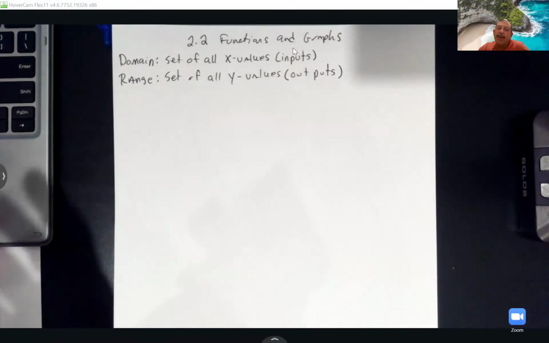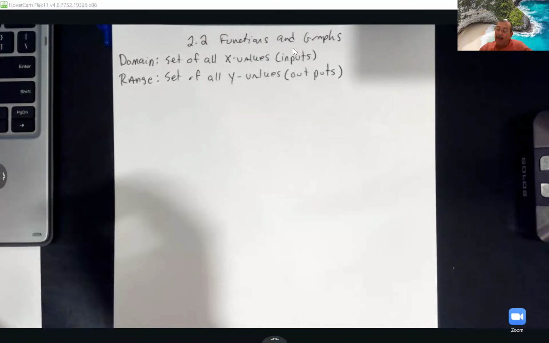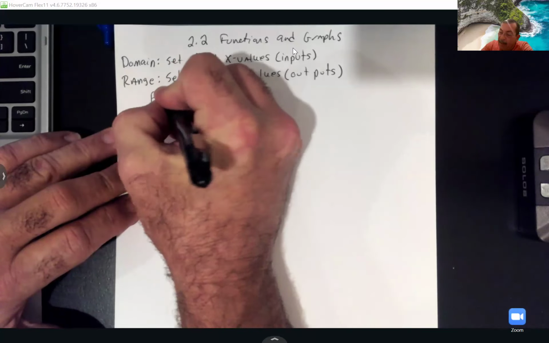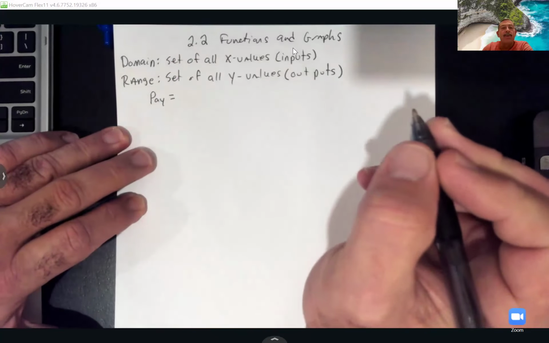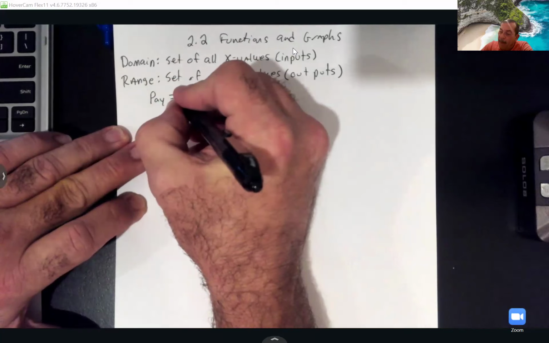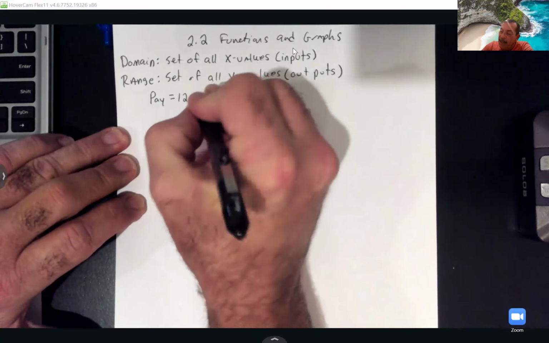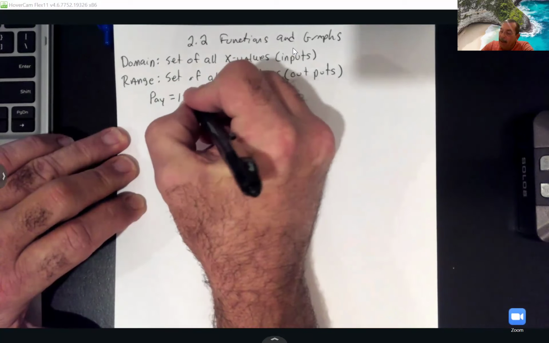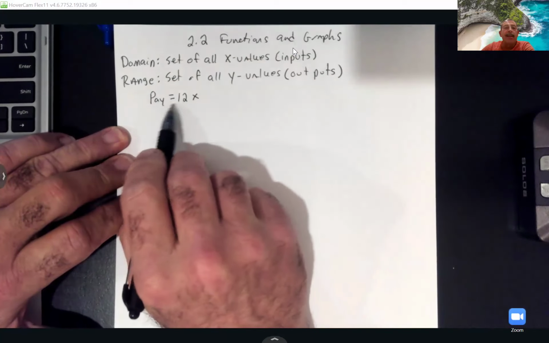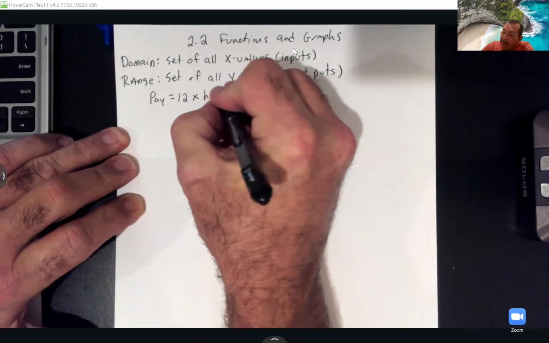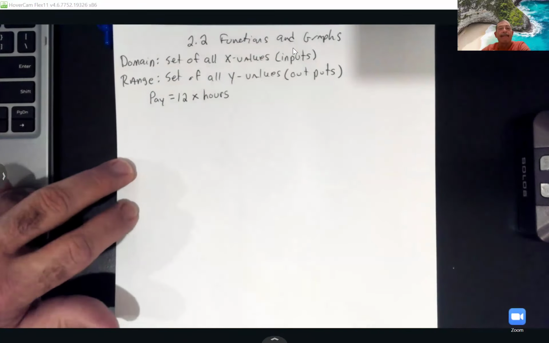an example of domain and range would be, say, your pay. If I had a function set up as pay equals your salary, let's say the salary was $12 an hour, and your pay depends on how much you make an hour times the hours.